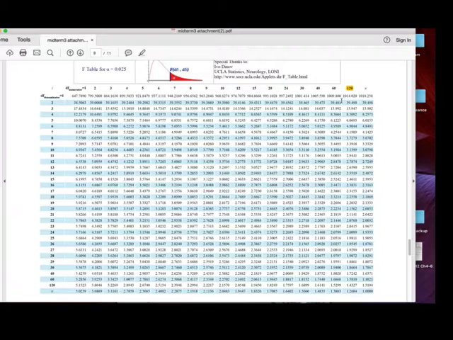And then the degrees of freedom for the denominator, you look at the left-hand side, which is 15. So it will be this one here, 15. You should get 2.4611.